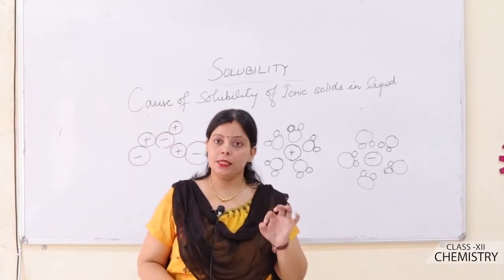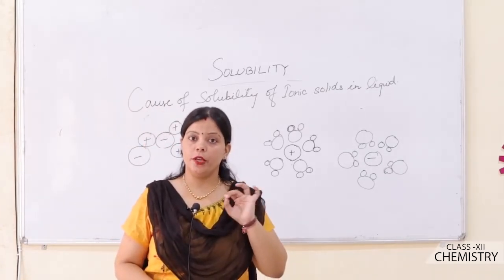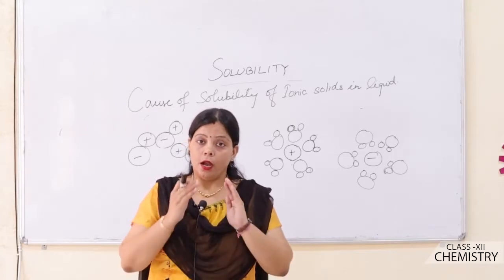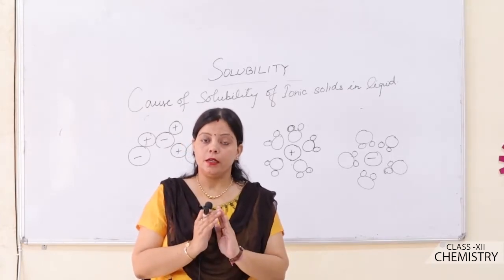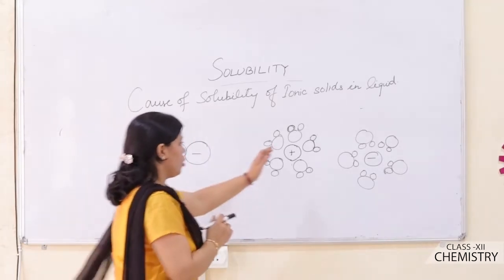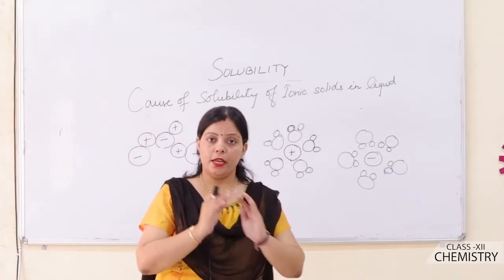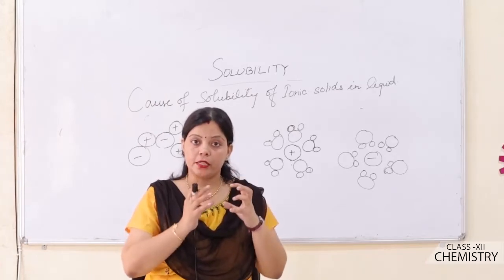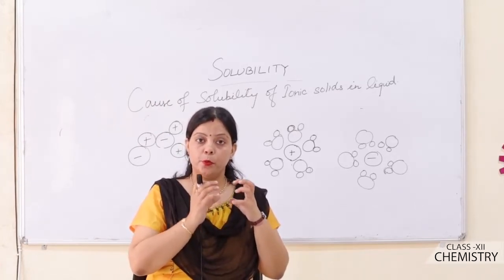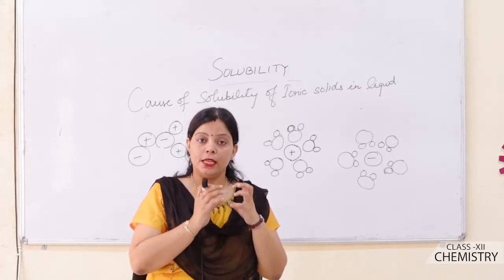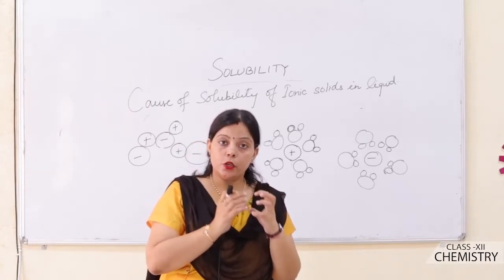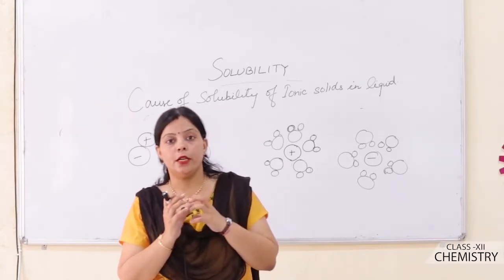Generally, when these ionic solids are dissolved in water, they are dissociated in the form of positive and negative ions. When these positive and negative ions get attracted by the opposite poles of the water dipole, in this case the dissolution of that ionic solid in water takes place.